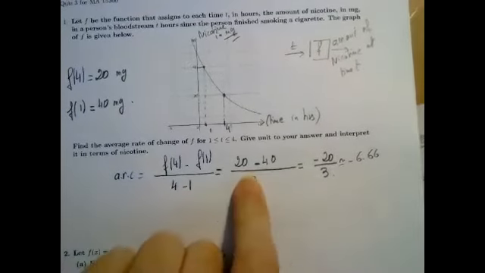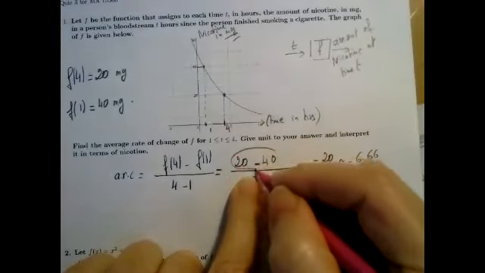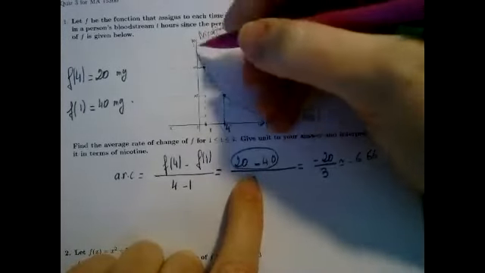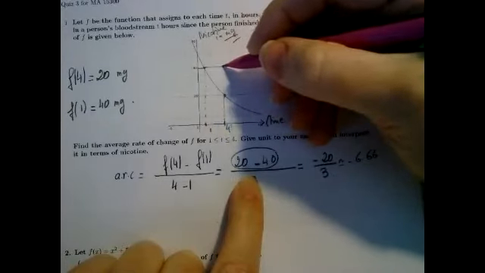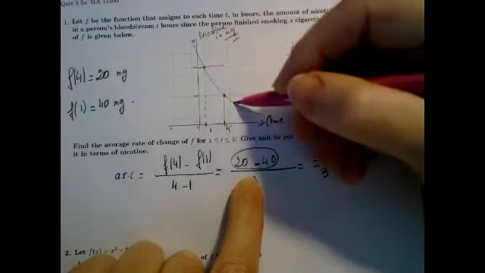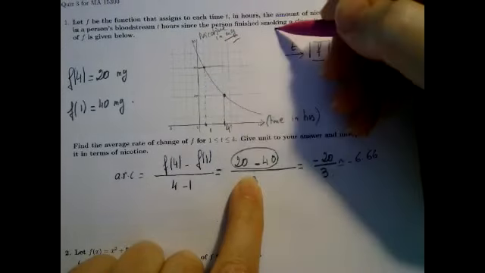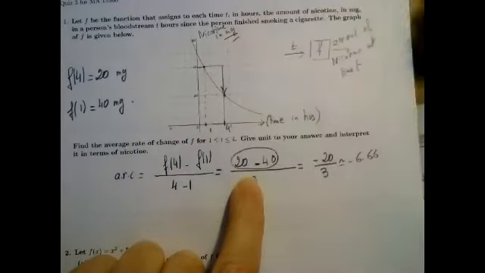Let us understand the unit and what's happening. The top is giving me what? Between 1 and 4, the amount of nicotine of course decreased. There were 40 milligrams after 1 hour from finishing smoking the cigarette. It went down all the way to 20 milligrams.